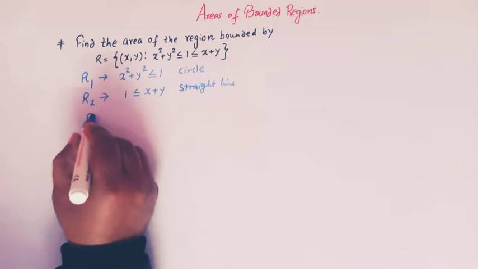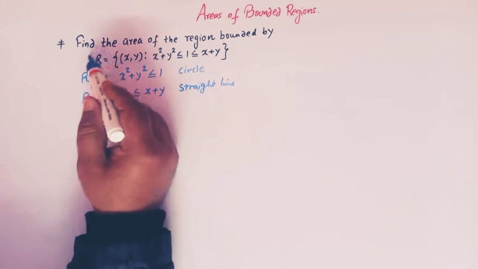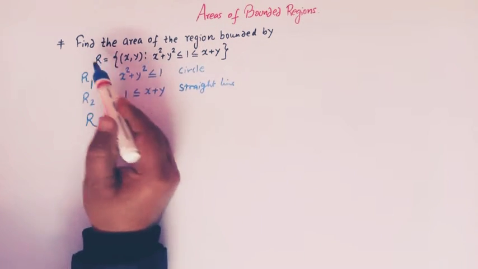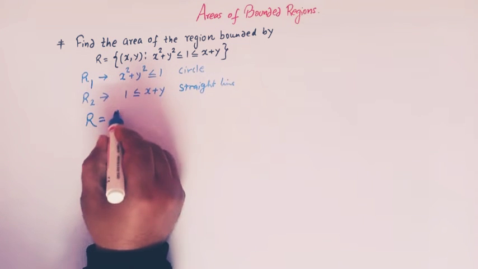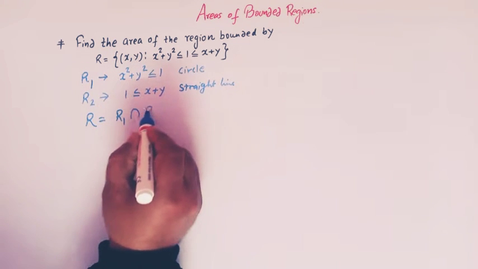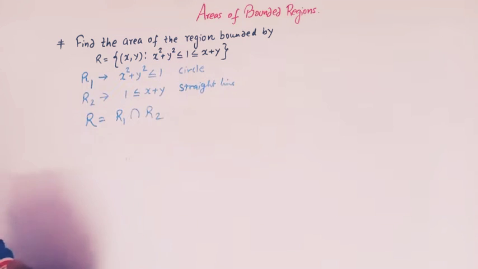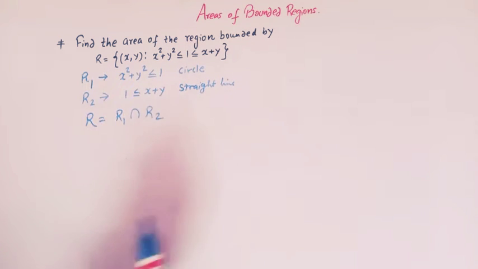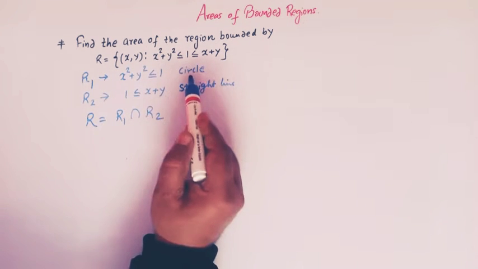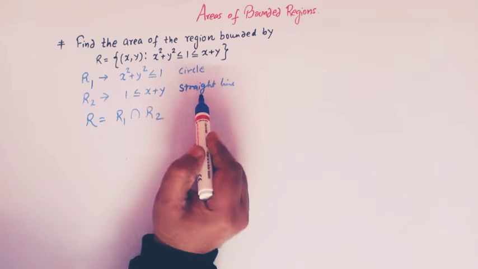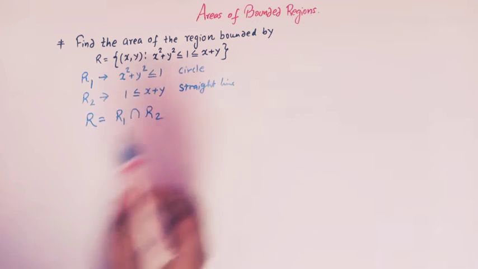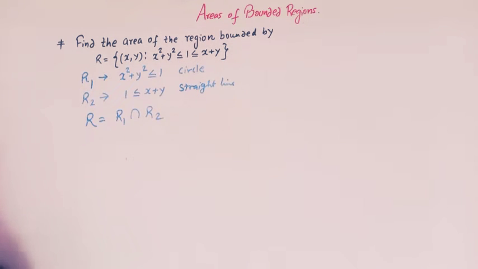So we have to find the area of the bounded region R, which is the intersection of these two regions, the area which is common to the circle and the straight line. In order to proceed further, let us first draw a rough sketch of R1 and R2.